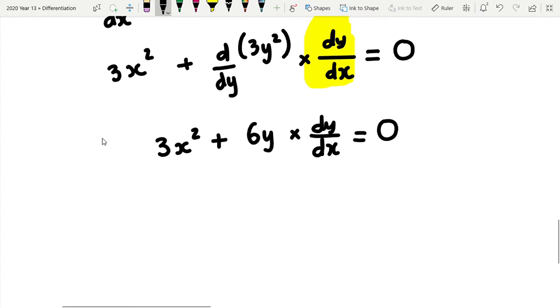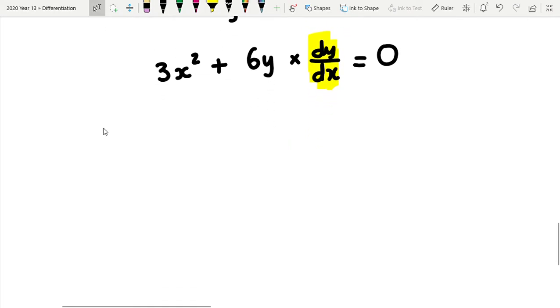And now I want to make sure that I make dy over dx the subject. So I need to isolate dy over dx. Literally from now on, it's just simple algebra. If you're passing year 10 algebra, you can make sure that you bring this 3x squared on one side.